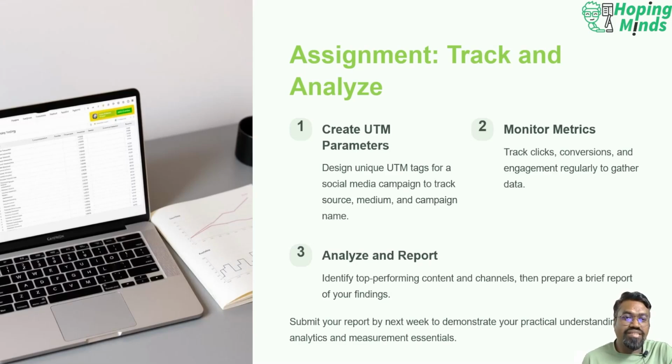You can utilize this particular keyword on Google, and then you can even check how to create a proper UTM. After that, you need to track metrics like clicks, conversions, and engagement regularly to gather data, analyze and report, identify top performing content and channels, then prepare a brief report of your findings. So I'll showcase in the next segment.